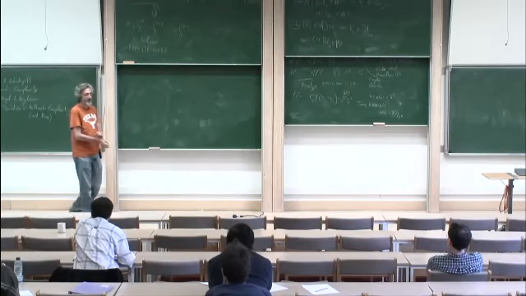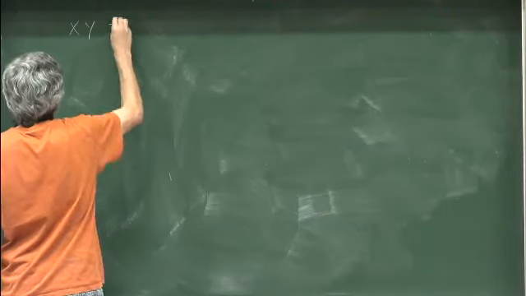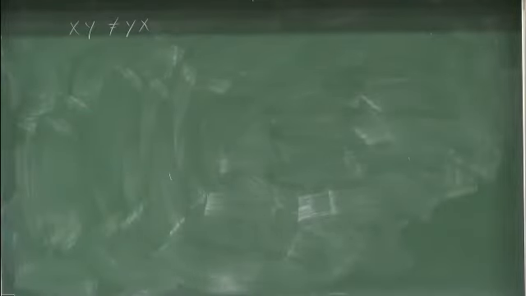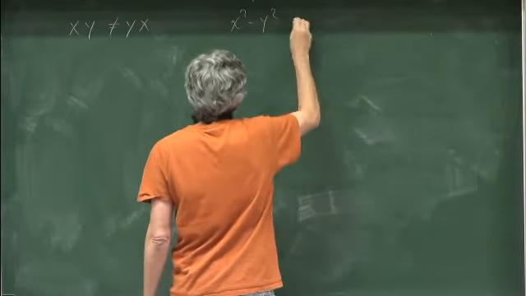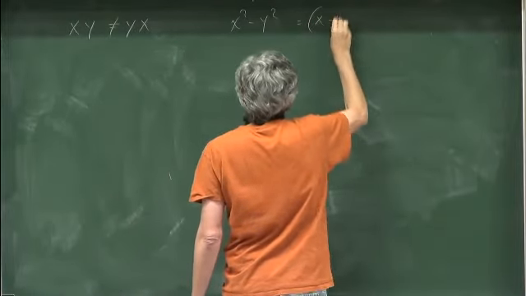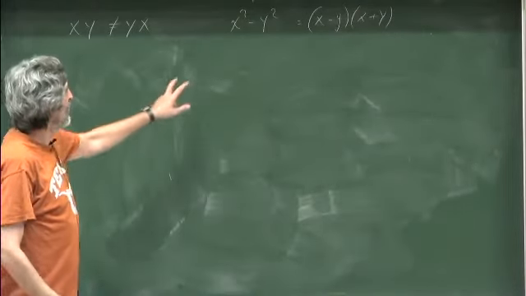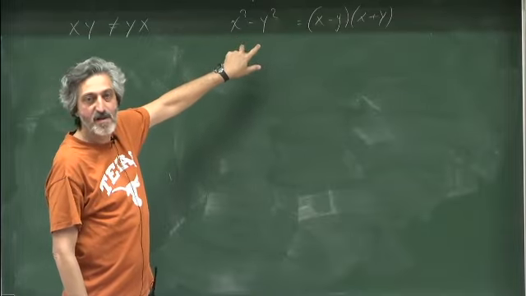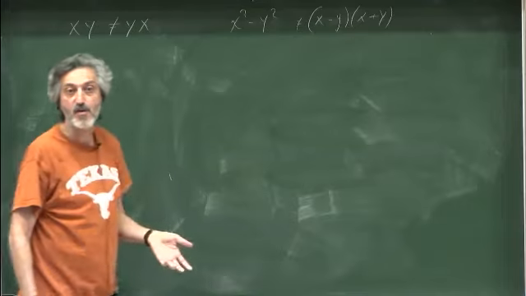It should be easier to prove lower bounds. Let's remove more relations. Let's remove commutativity. We know that commutativity helps. Tim mentioned last time that to compute x squared minus y squared, you can do it with one multiplication, despite the fact that it seems like you need two multiplications. But that holds only in the commutative case. In the non-commutative case, that doesn't work, and you need two multiplications.